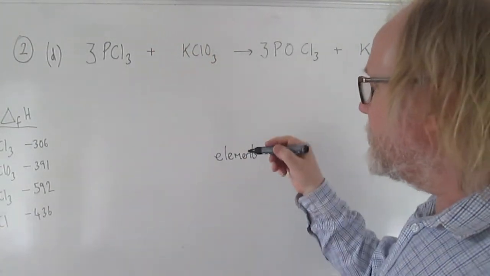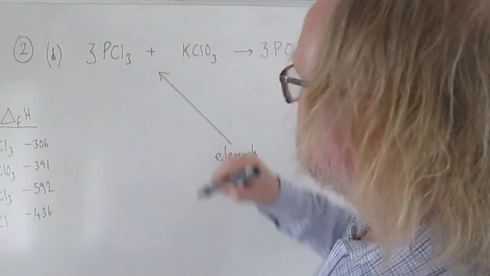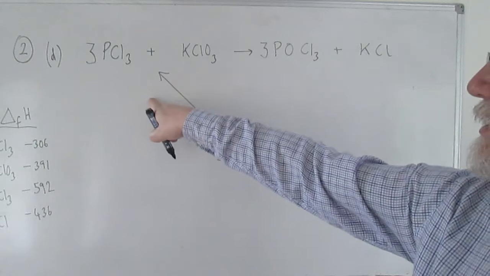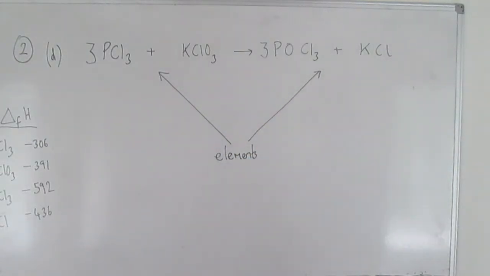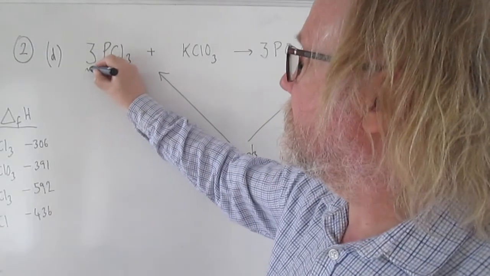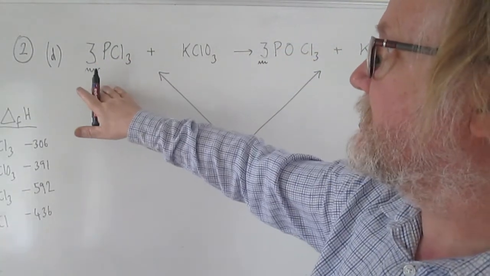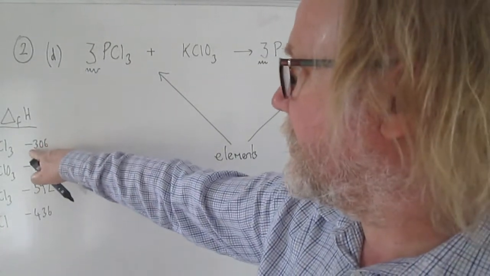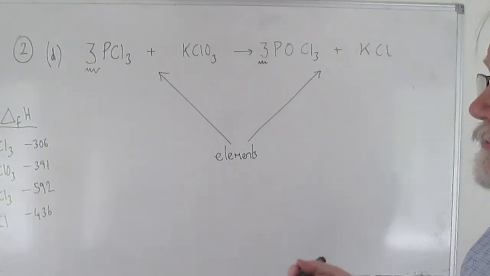And you say, right, following the definition, if you take those elements and use them to produce these things, you can write down using these numbers what the total enthalpy change will be, and the same if you use those same elements to form these. Now you've got to take account of these balancing numbers, because that means in the reaction as written, 3 moles of PCl3 are involved, and minus 306 kilojoules per mole is the enthalpy change when just 1 mole is formed from the elements.